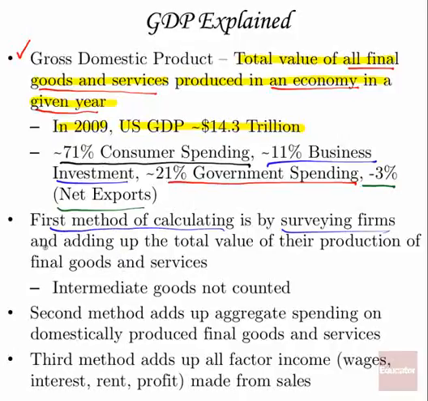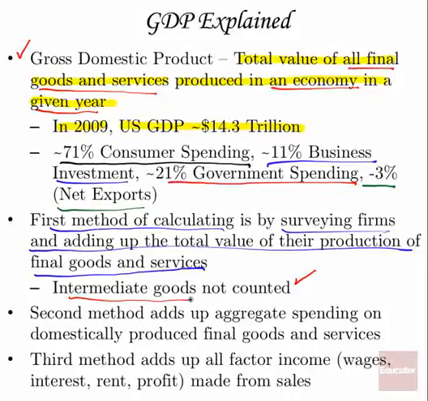by surveying firms and adding up the total value of their production of final goods and services. So this way here is you survey firms and then basically you discount the intermediate goods. So for example, you go to Ford. Intermediate goods are not counted. So when Ford produces the entire car, well, guess what?